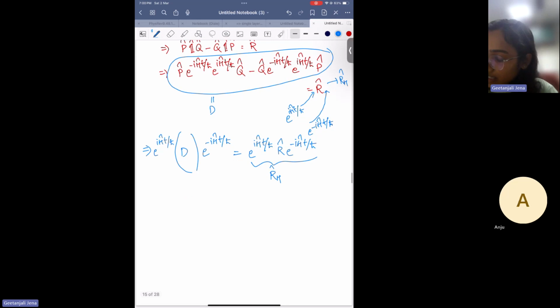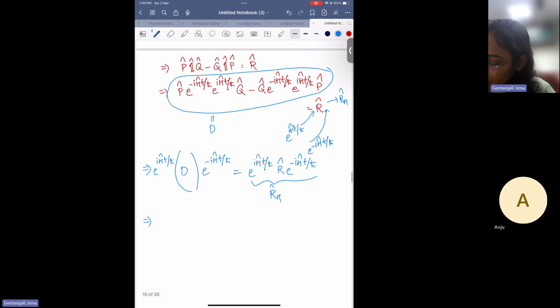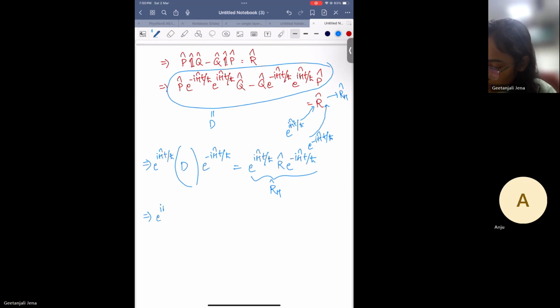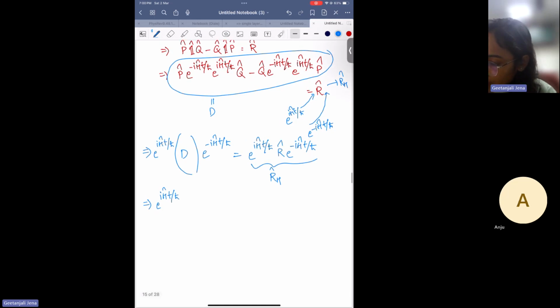Now let's see what the left hand side equation is. In the left hand side we have e to the iHt by ħ. Let's see what the terms are.